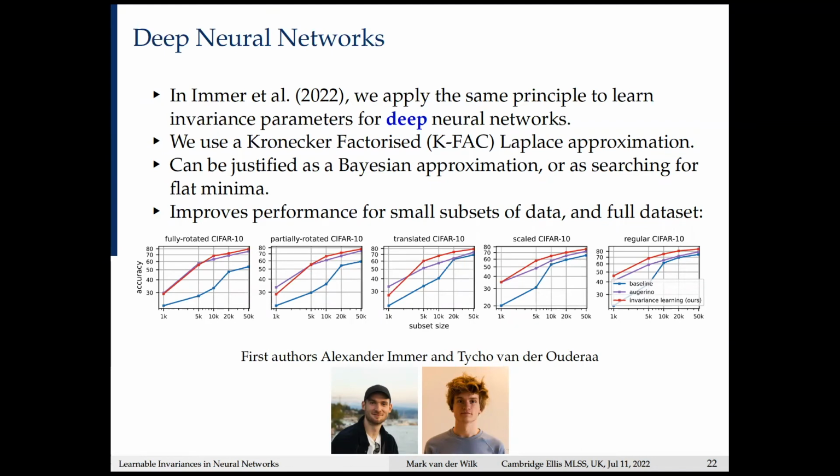And what's cool is that this Laplace approximation can be justified as a Bayesian approximation, but it's also related to this intuition that deep learners have had for a long period of time, which is that flat minima generalize well. And the Laplace approximation, when you try to optimize it, essentially biases your neural network to find architectures or invariances that make the minima in terms of the parameters really flat.